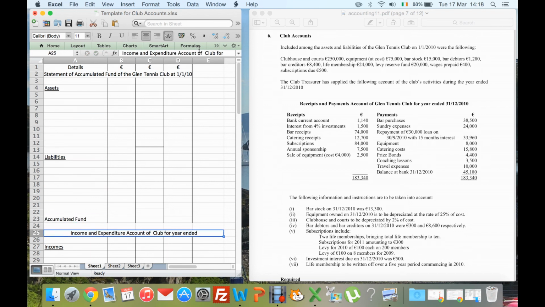So income and expenditure, we lay out the same, for the year ended 31st of the 12th, 2010.